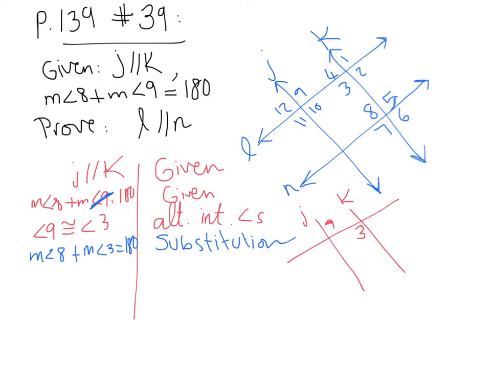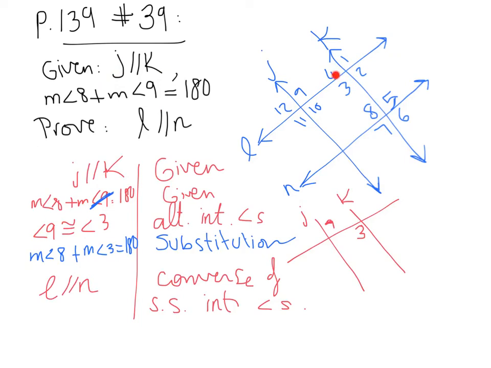Now angle 8 and angle 3, if we look at them, they have something to do with L and N, which we're trying to reach, and they are same side interior angles with N and L. So I'll say that L is parallel to N, converse of same side interior. And same side interior angles are supplementary, which is what we proved, so therefore that proves that the lines are parallel. So that's one way.